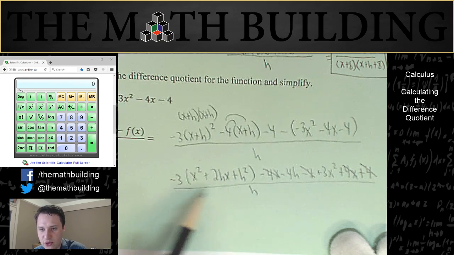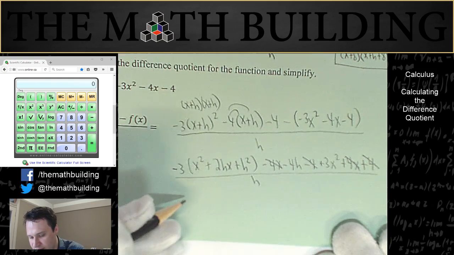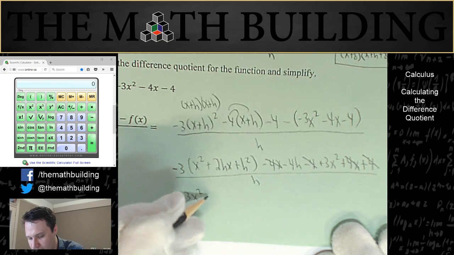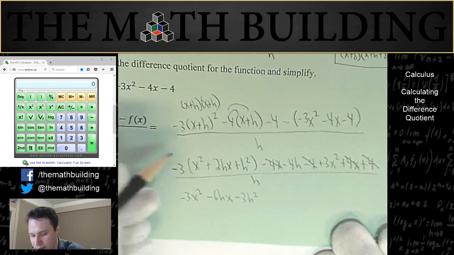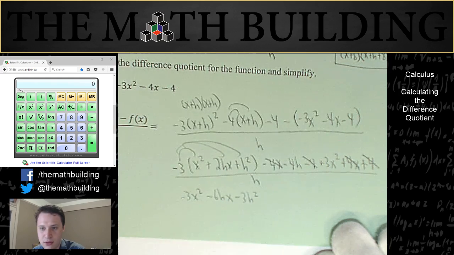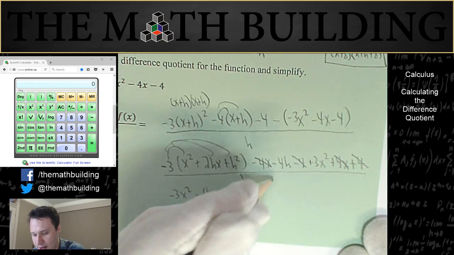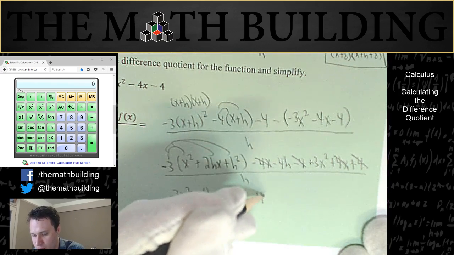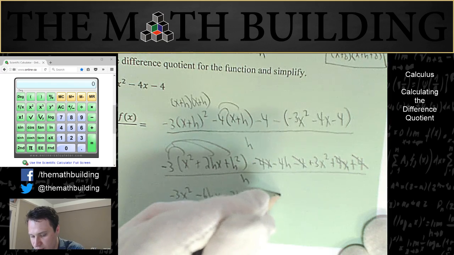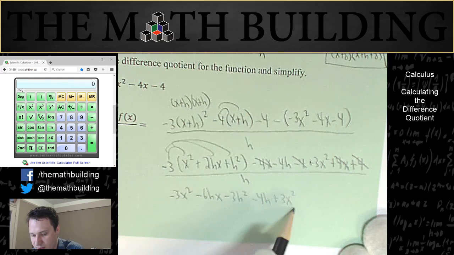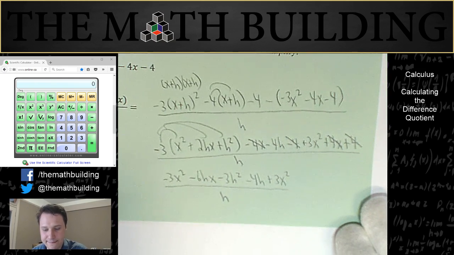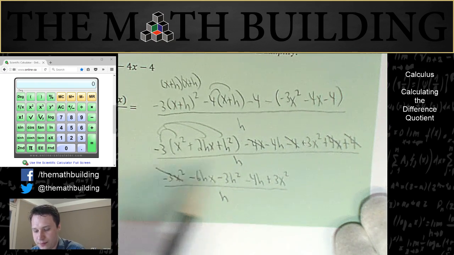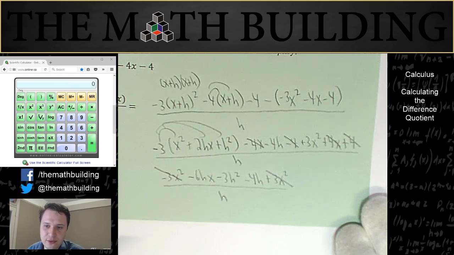Let's go ahead and do the distributive property here. So that'll be negative 3x squared minus 6hx minus 3h squared. And then we still have over here minus 4h plus 3x squared. This is all over h. Okie dokie. More stuff cancels now. Those two cancel.